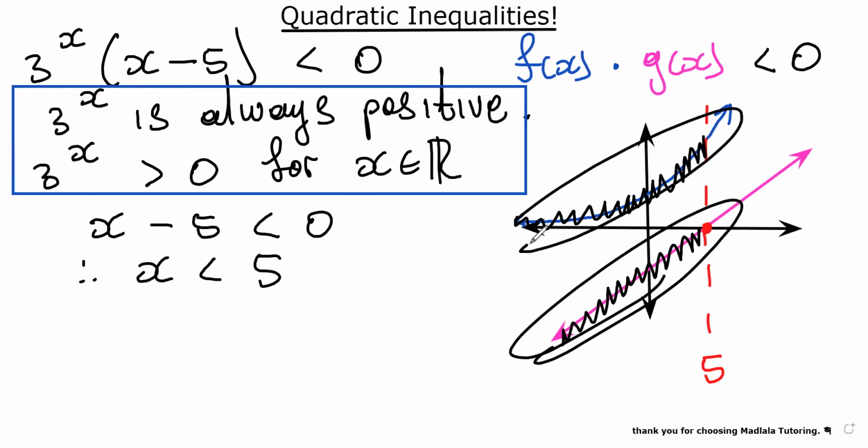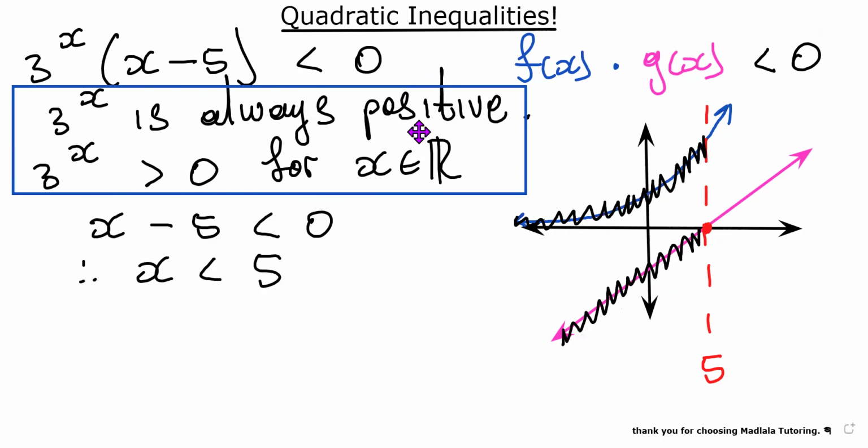And negative times positive is negative. Do you see that? So that's the solution. The other one is always positive. So we need to go to the one and find out where it is negative. Then the product of those two will be negative where g is negative.